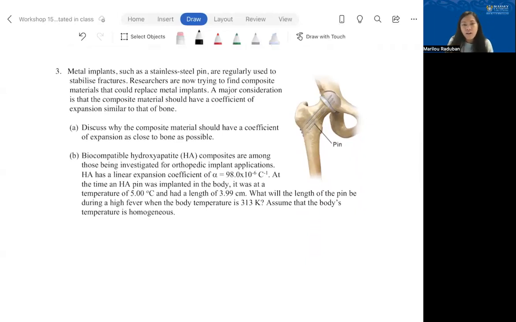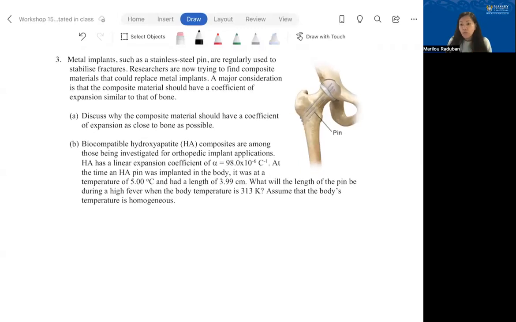Metal implants, they are good conductors of heat, so they actually expand quite easily. And so a major consideration for the composite material is that it should have a coefficient of expansion similar to that of bone. And the first question asks why the composite material should have a coefficient of expansion as close to bone as possible.